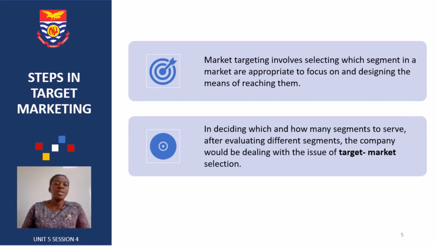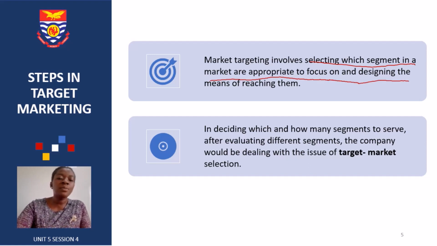So once you've been able to do that, you also need to do what we call market targeting. Don't get confused. Target marketing is different from market targeting. Market targeting involves selecting which segment of the market you think is appropriate for you to focus on, and you devise a means of reaching them.